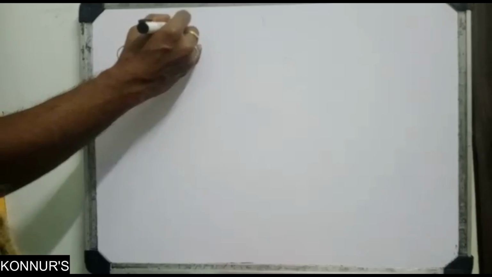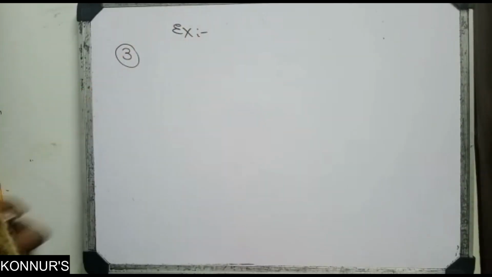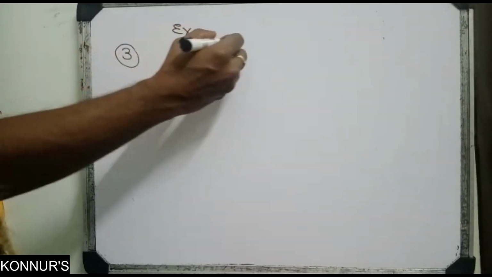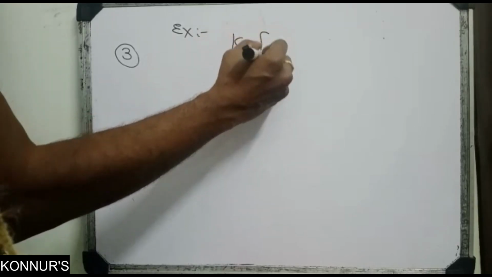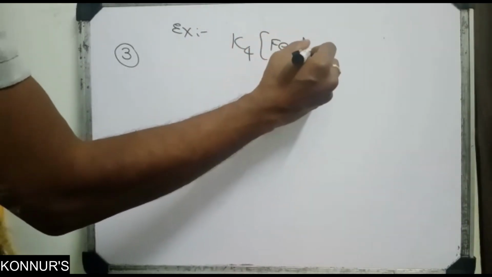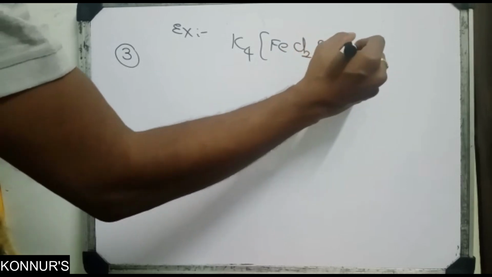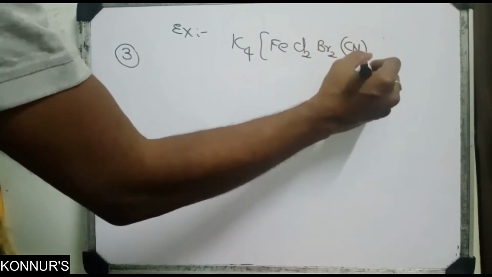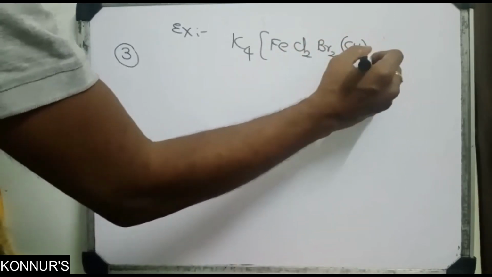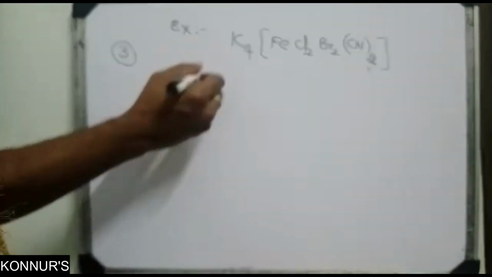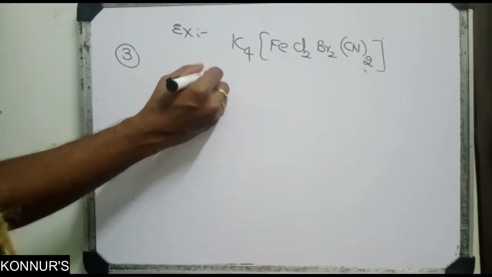Suppose you see the example we discussed about ligands. Take K4[FeCl2Br2(CN)2]. First we start with positive potassium.